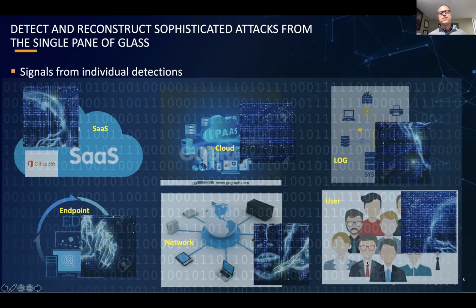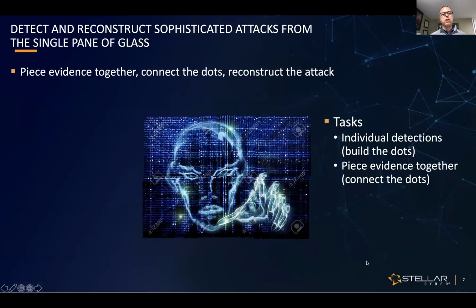So what we've seen in the industry so far is a lot of these different products that cover these different areas are leveraging machine learning on those individual silos, but what we don't see are tools that are able to take the signals from all of those different silos and create the overall event that the managed services provider should be concerned about, right? And this is where machine learning can actually be developed to do that.